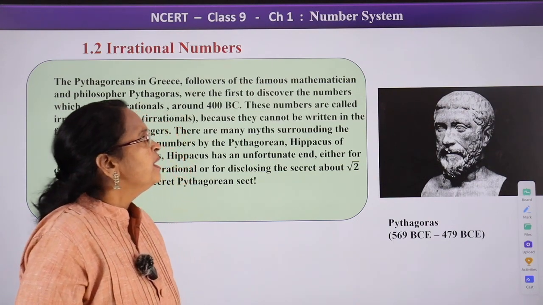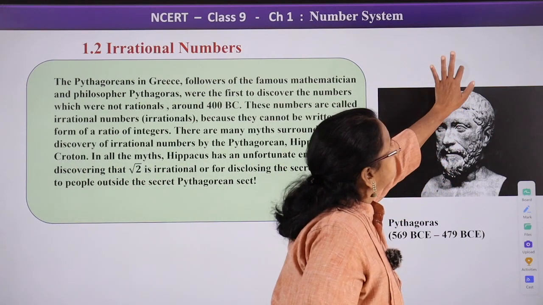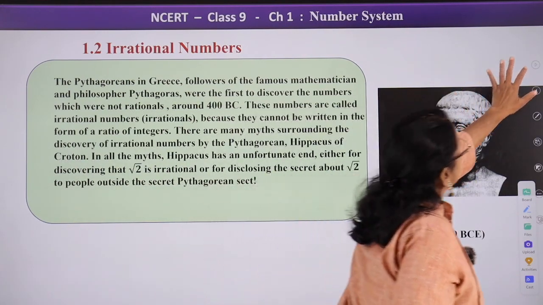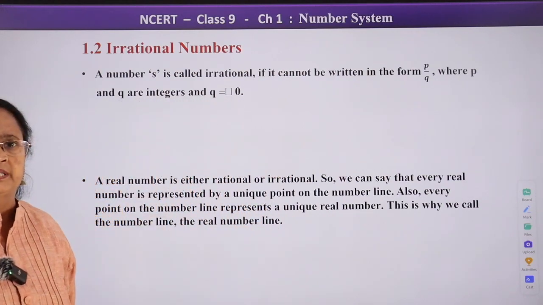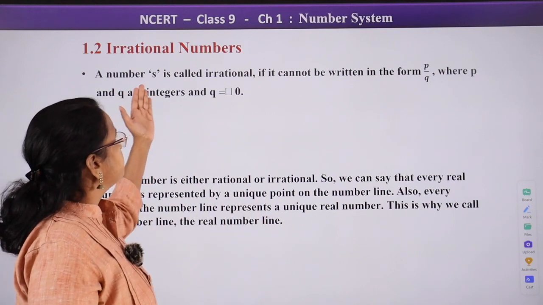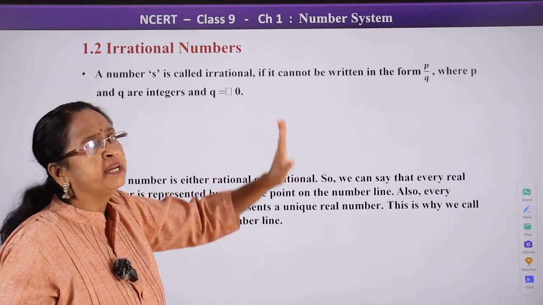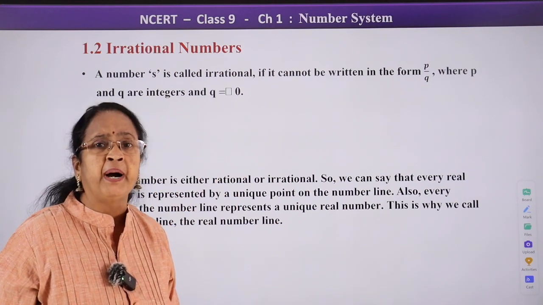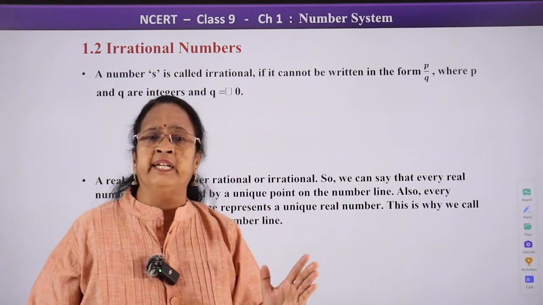Coming to the next, irrational numbers. As I have already told you, a number S is called irrational if it cannot be written in the form P by Q, where P and Q are integers.